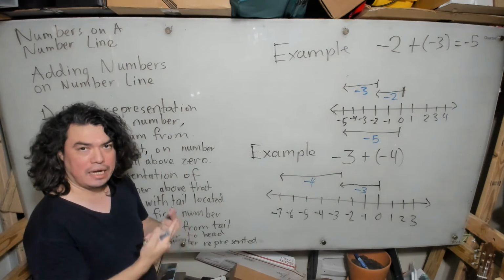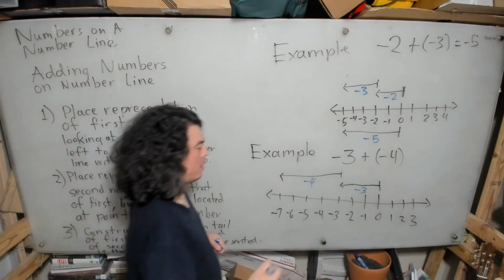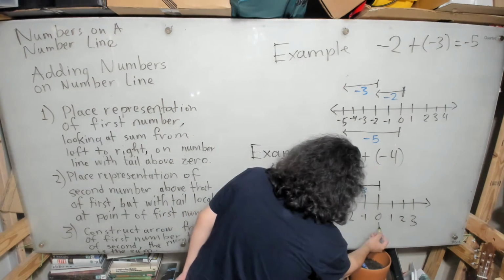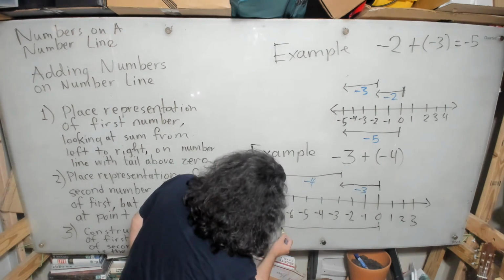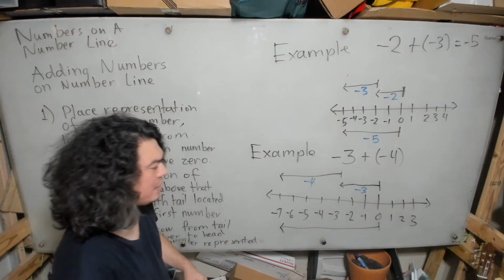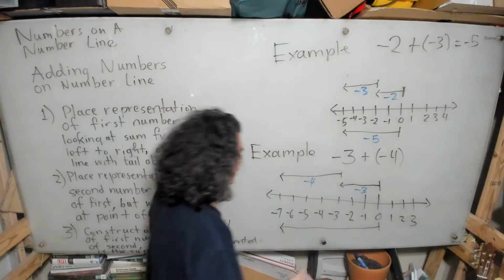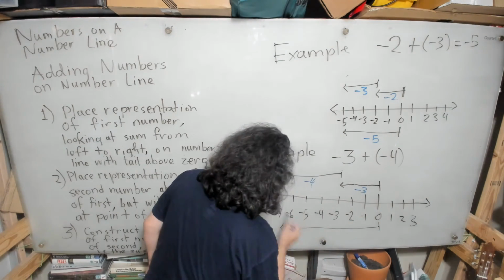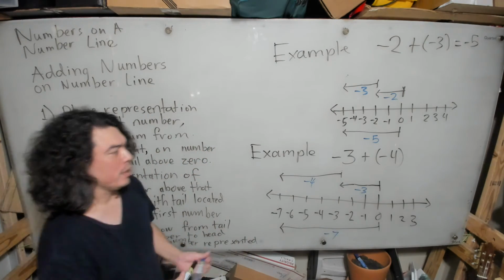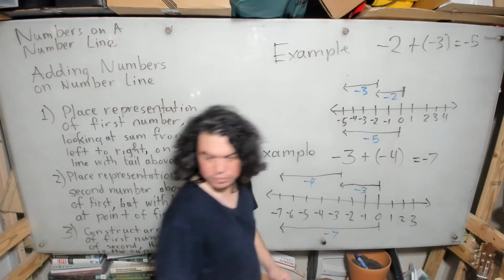We place an arrow that will represent the sum. We place the arrow starting with the tail where the first one started, and where the head of this one ends up where the head of the other one ended up, like this. So that is the arrow representing the sum of these two arrows. It represents the number -7. You can see that, right? And so the way we interpret this, as we saw before, is that negative 3 plus negative 4 is negative 7. Okay.